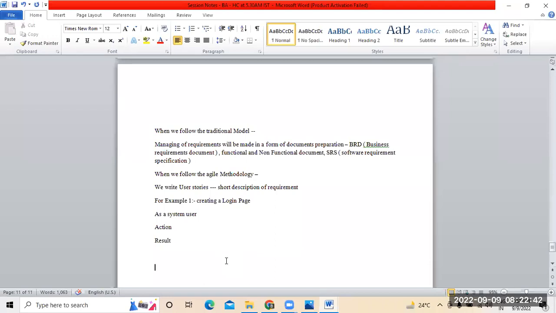If this result is to be achieved, what is the action that has to be taken care of? That's the reason why whenever you're writing down a user story, we always write it from the user perspective. Okay, remember this point carefully. When you are writing down a user story, it will be written based on the user perspective. This is what we have to see.